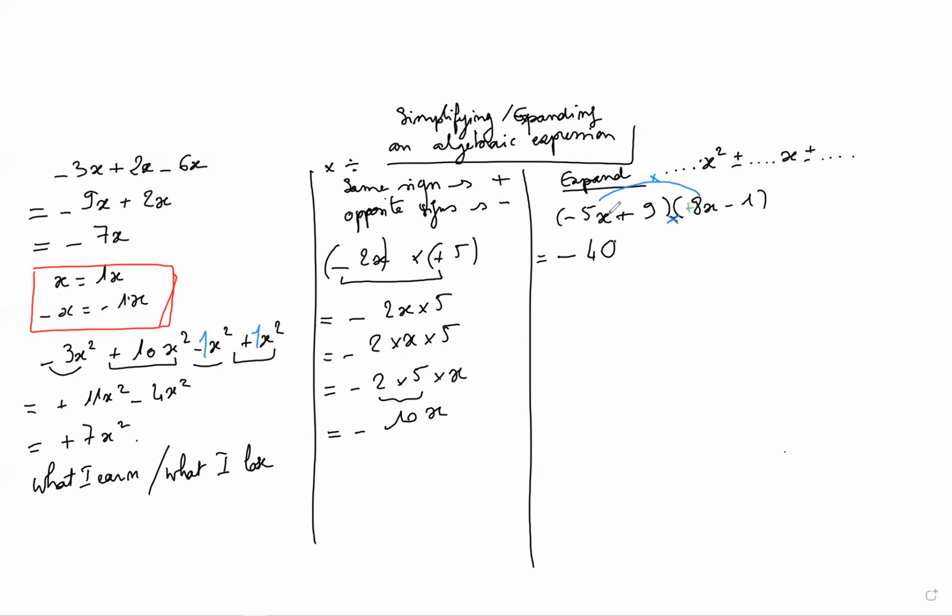Then the letter, it's x times x, so it's going to be x squared. Try it. If it's hard for you, please don't do everything at the same time. Here, the signs. Same signs, it's a plus. Numbers, 5 times 1, it's 5. Letters, it's x times nothing, it's x.